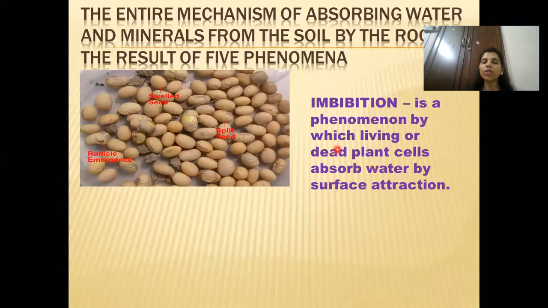So this particular phenomenon is seen both in living and dead plant cells, and the word is very important: imbibition. Now here, when you are writing the definition for imbibition, please stick to the textbook and learn the textbook definition. This is the textbook definition. You don't use the word adsorb, use the word absorb water by surface attraction.